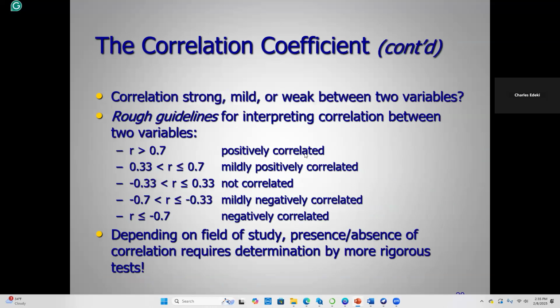The decreasing relationship means when X decreases, Y will increase. This is the approximate value for positively correlated if it's greater than 0.7. Between 0.33 and 0.7 is mildly positively correlated. Then close to 0, or within plus or minus 0.33, there's no relationship, not correlated.